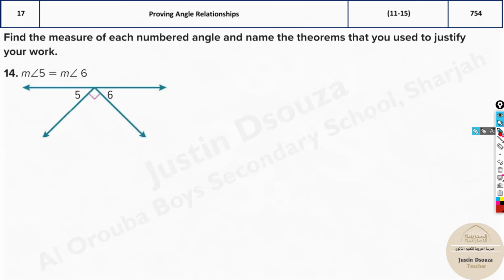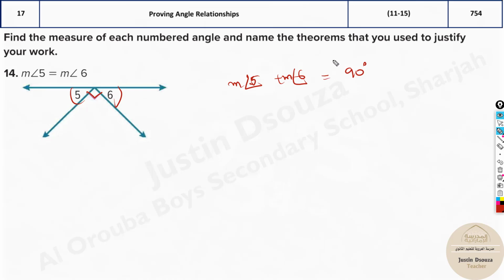Over here, another interesting one. They have told us the measure of angle 5 and angle 6 are equal, and this is 90 degrees. So what happens when you add them up? What should you get? The measure of angle 5 plus the measure of angle 6 must be 90 degrees.